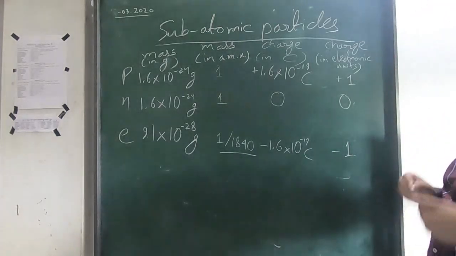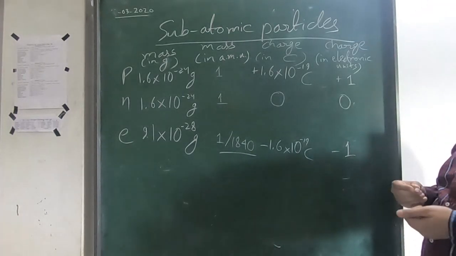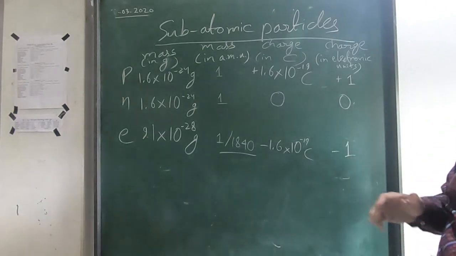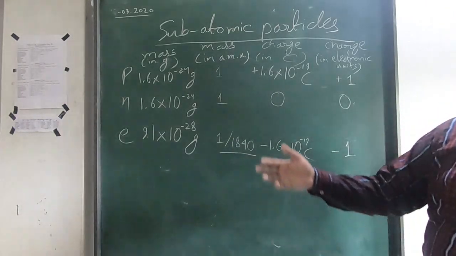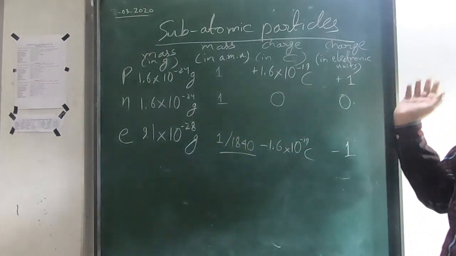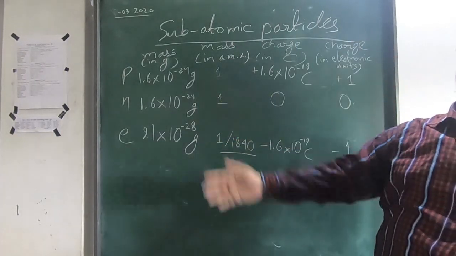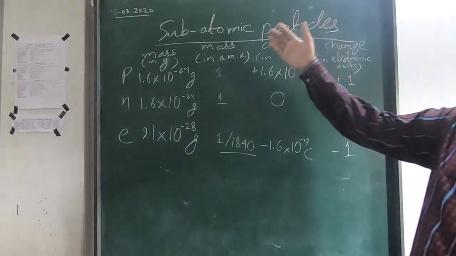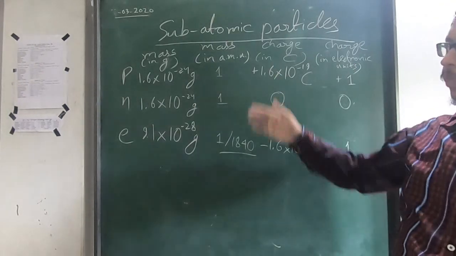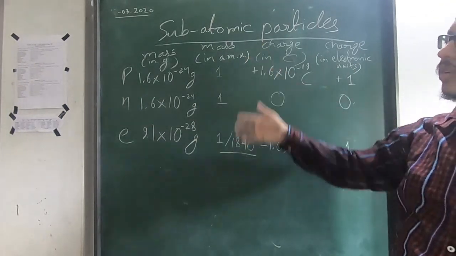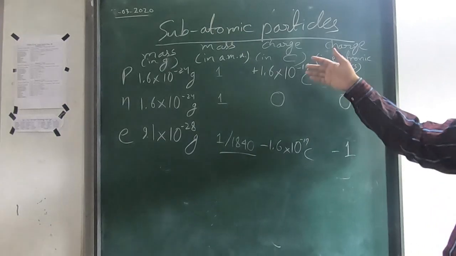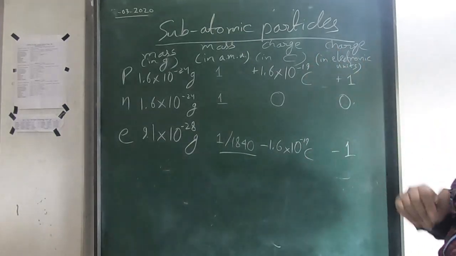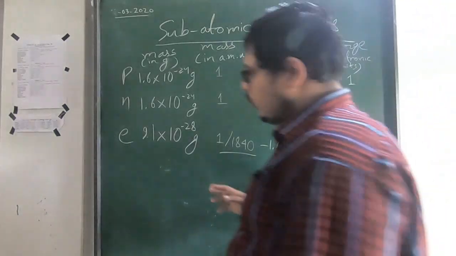So these are some of the properties of the subatomic particles that you need to know: the mass and the charge. First in gram, then in AMU units, and the charge in coulombs and then in electronic units. So you need to know these things.